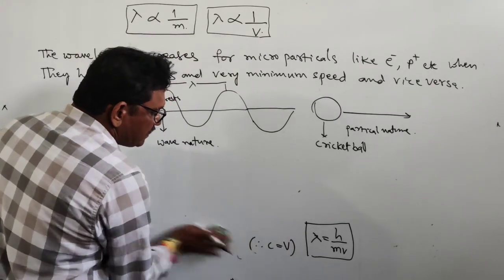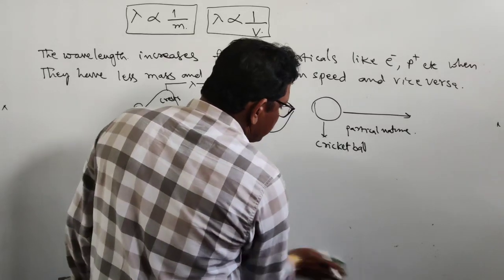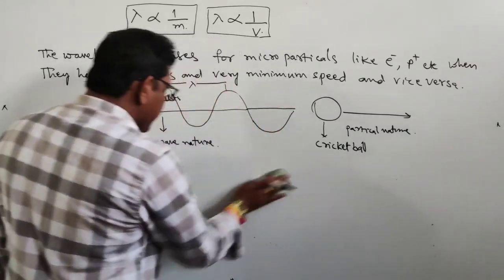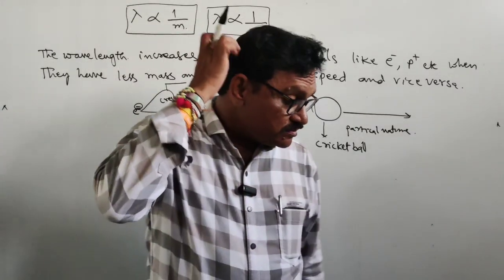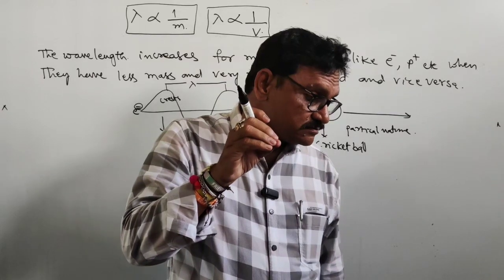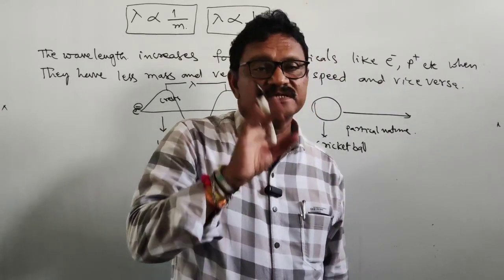From de Broglie's concept, particularly, he ruled out the Bohr concept. Actually, in Bohr theory, Niels Bohr considered the electron as a particle, but that is not correct.